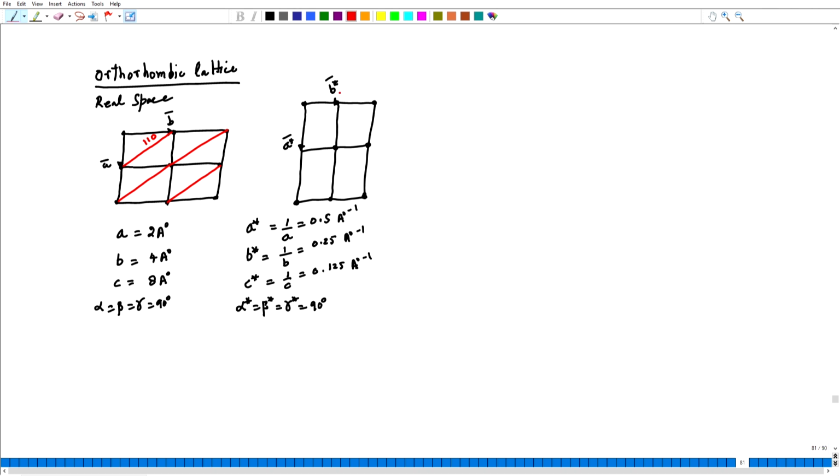So, this would be, for example, 0 1 0, 0 2 0, 1 1 0, 1 2 0, this is 1 0 0, this one is 2 0 0, this is 2 1 0, 2 2 0.